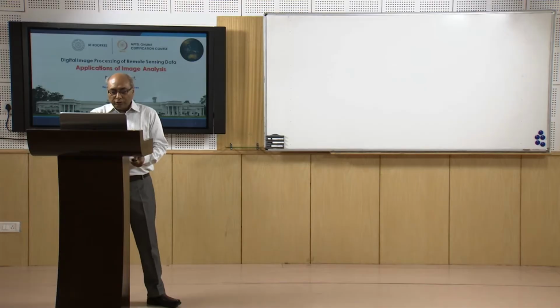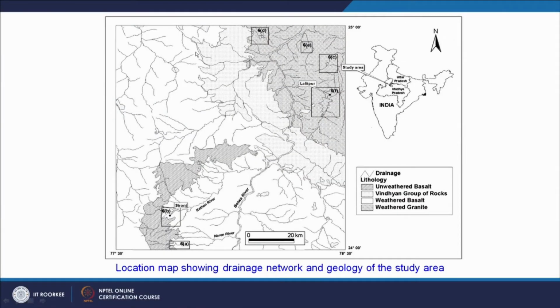This is the lithology of that area. This larger area is shown, and the reservoirs which I was talking about are located here. So you have unweathered basalt here, and in the basement you have granitic rocks.